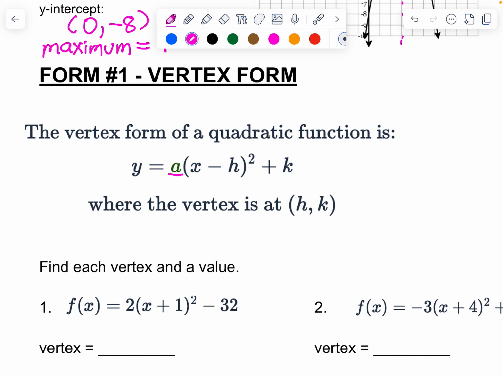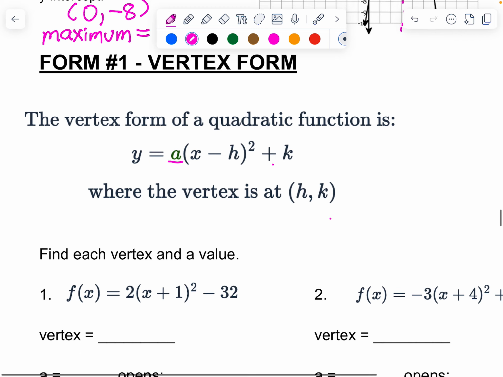X minus whatever the H is will tell us how far left or right it moves, and then plus K. K refers to the y coordinate of the vertex, how far up and down.